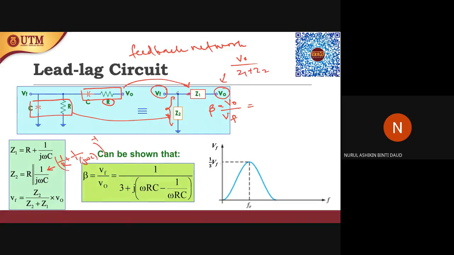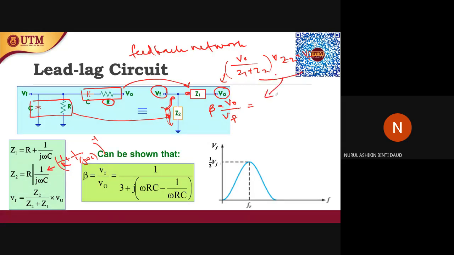This is the current flowing inside here, and VF is also the voltage at impedance Z2, which is I times Z2, so it equals VF.